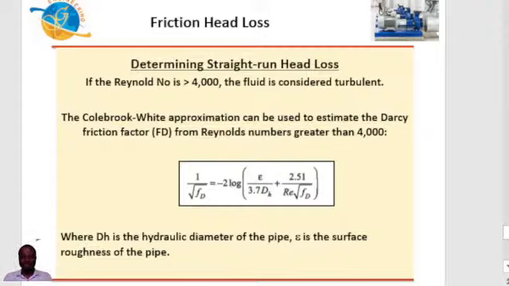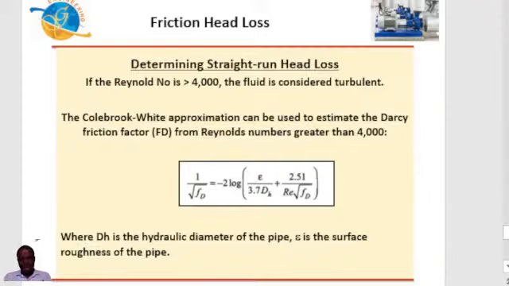For a Reynolds number less than 2000, you can use FD equals 64 over the Reynolds number. In the same way, if your Reynolds number is greater than 4000, we say it is turbulent flow, then you can use the Colebrook-White approximation to first obtain your friction factor.